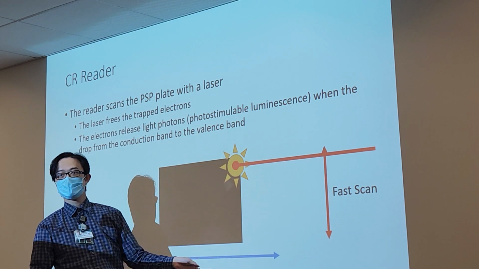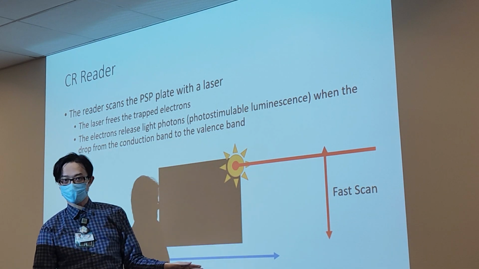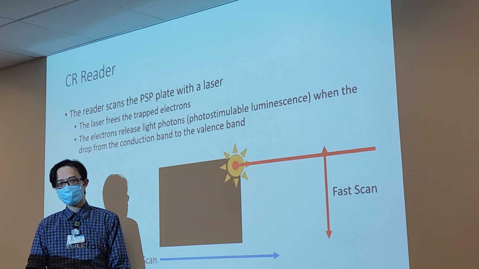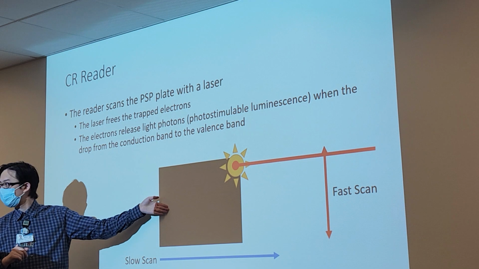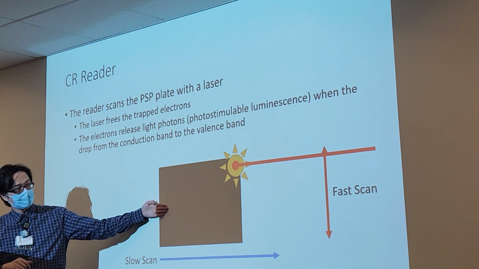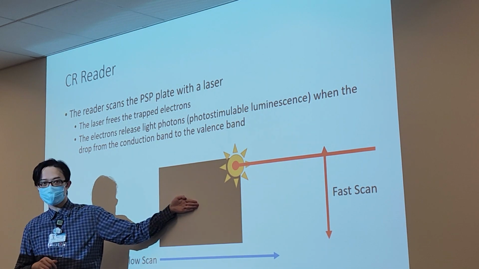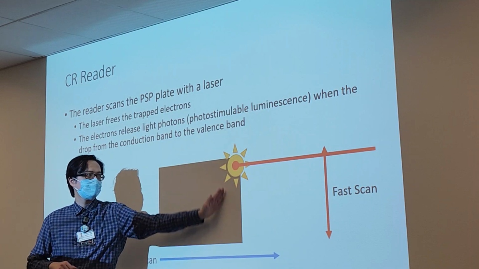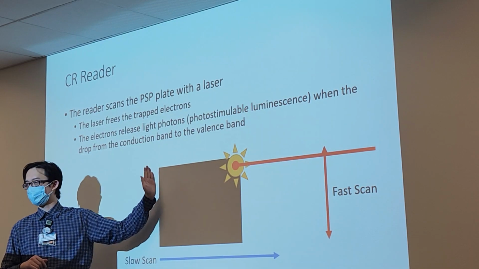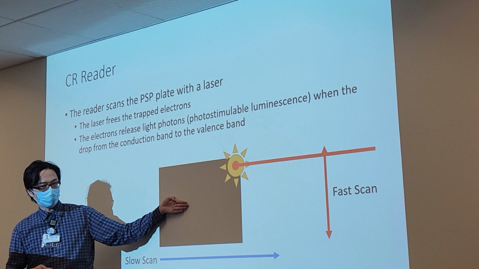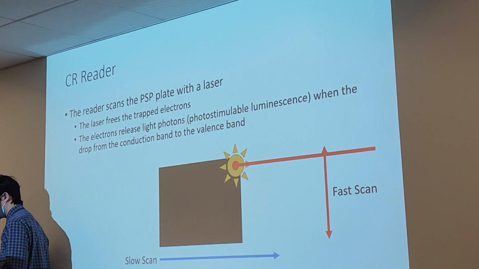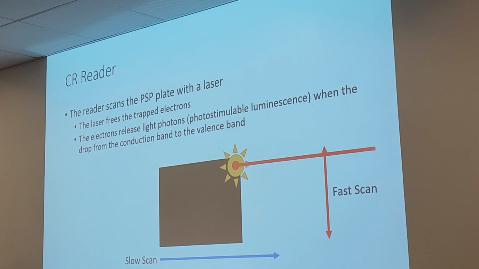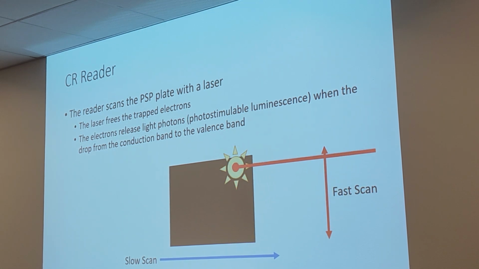This is called the fast scan because it goes back and forth fast. At the same time, this PSP plate is getting fed slowly this way, so it's going to scan the whole thing. This motion, as it feeds forward, is called the slow scan. So we've got the fast scan and the slow scan.